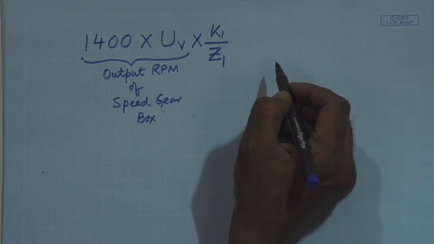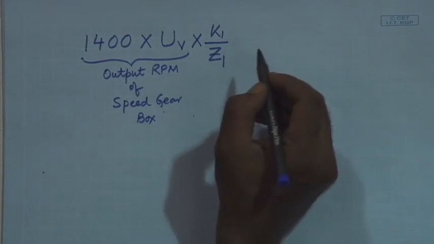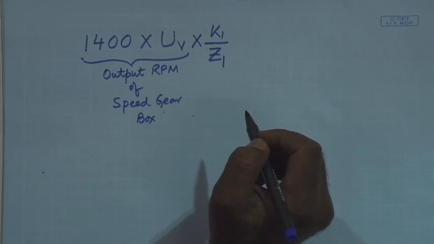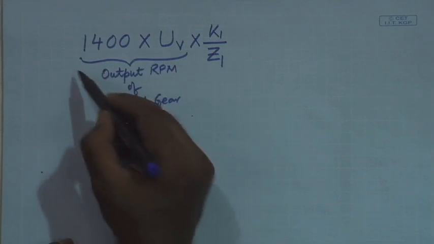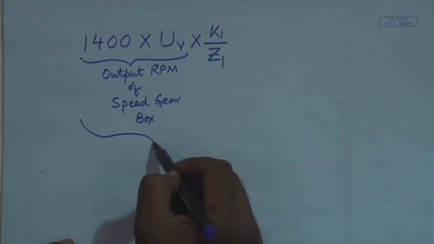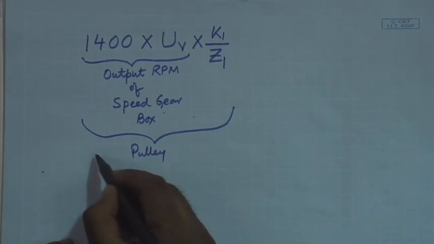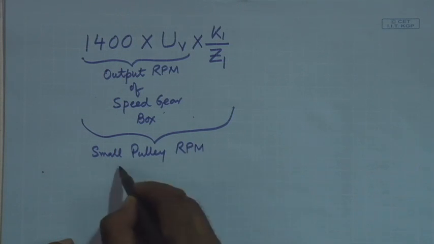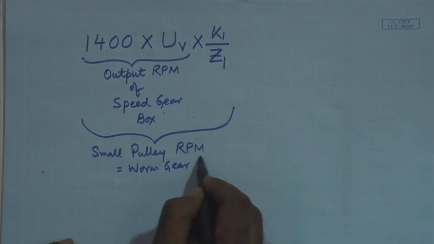So, we come to the output side, which means the worm gear RPM. The worm gear RPM is shared with the pulley. So, if the pulley speed ratio is given, this is the pulley RPM. So, we can write small pulley RPM, also the worm RPM equal to worm gear RPM.